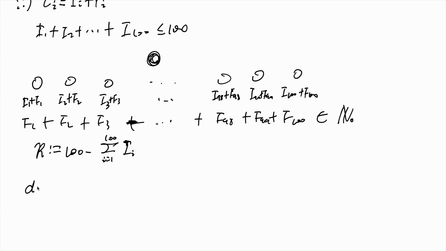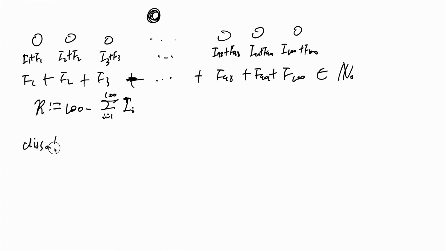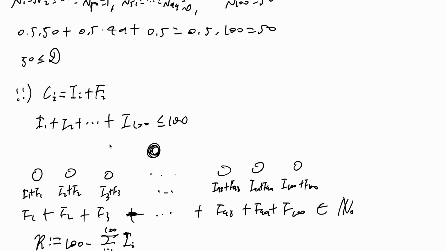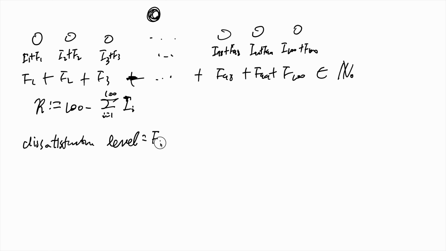So we have d, the dissatisfaction level, equals f of 1 plus f of 2 plus dot dot dot plus, let's start from here, 1 minus f of 100.